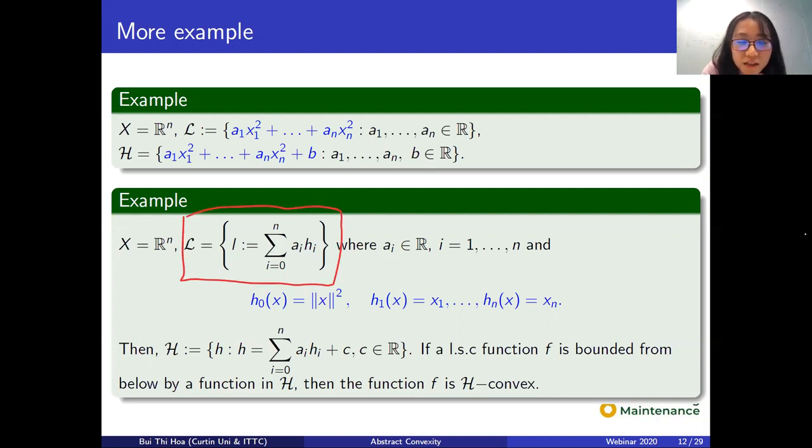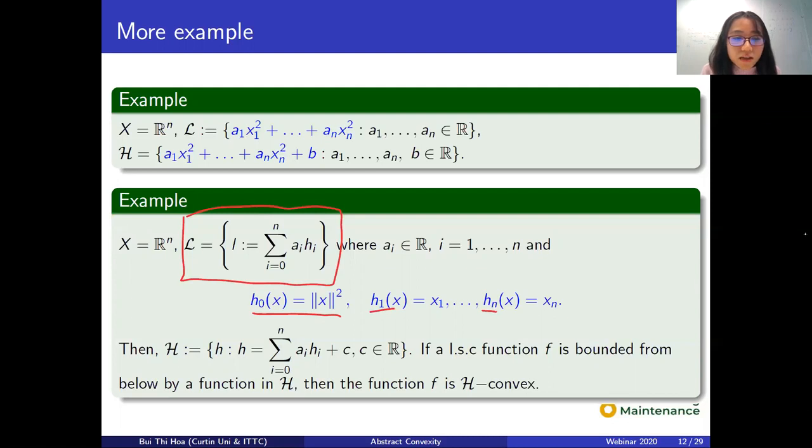Here L is the vector space with n plus 1 basis elements, h0, h1, up to hn, where h1 to hn are the basis of R^n, and h0 is the square of the norm of the vector x.